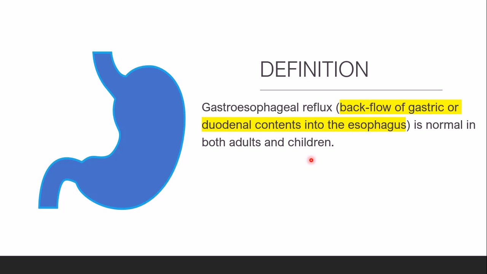But there are many risk factors usually seen in adults, so it mainly happens in adults. It could happen in children also, maybe because of some malfunction, or some abnormality during the formation of the child's organs when it is a fetus. So it can happen in children or infants also.